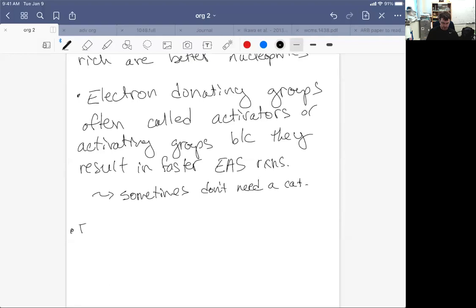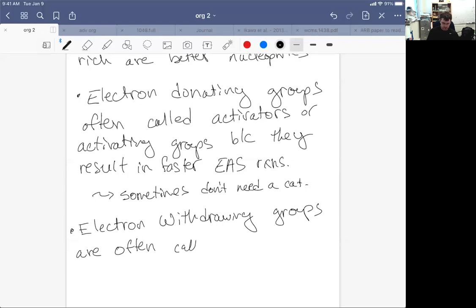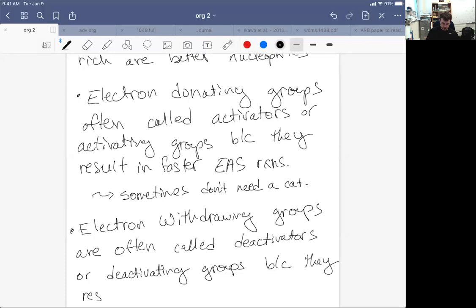Let's just wrap this one up by saying that conversely, electron withdrawing groups are often called deactivators or deactivating groups, because they result in slower EAS reactions.